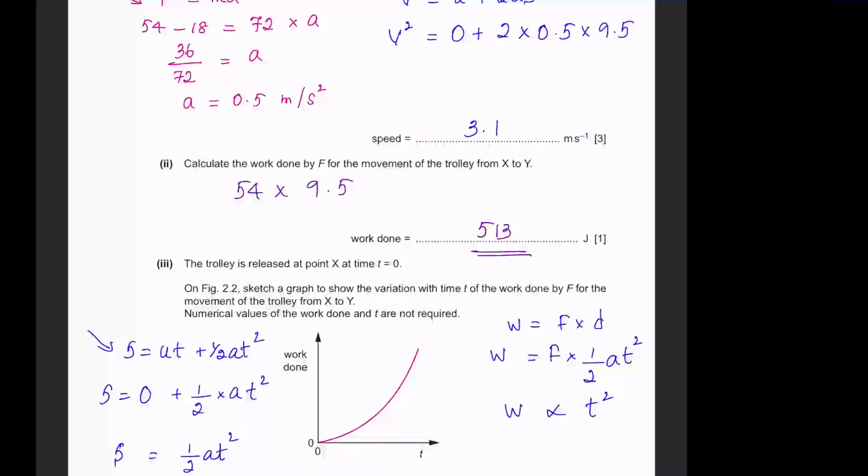The other resistive force is air resistance. While it is going down, there will be air resistance, practically. Will the frictional force be constant, correct? Will the air resistance be constant? No, it depends on the speed. The faster you move, the higher the air resistance.